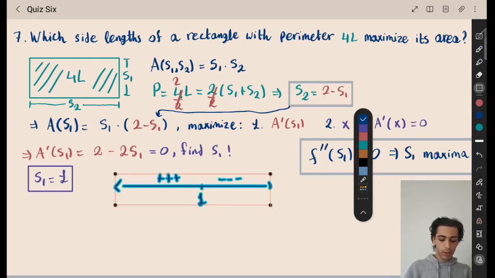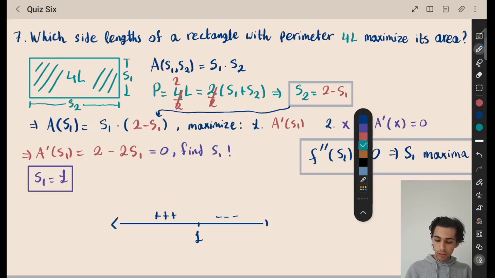And so what's happening here is that you have your function, it's growing, going up, and then it starts going down. Then this point must be a maxima.